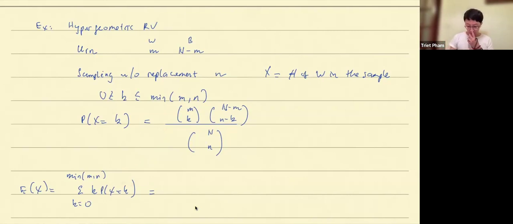The answer is very intuitive. The answer is the sample size times the success probability. What success probability? The success probability is m over N, which is exactly like the binomial.